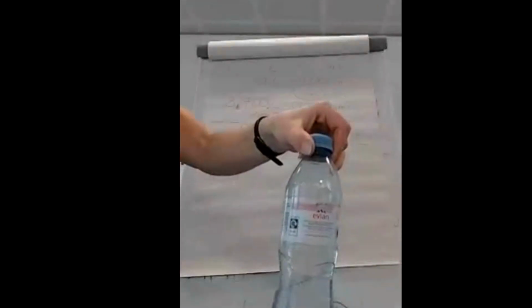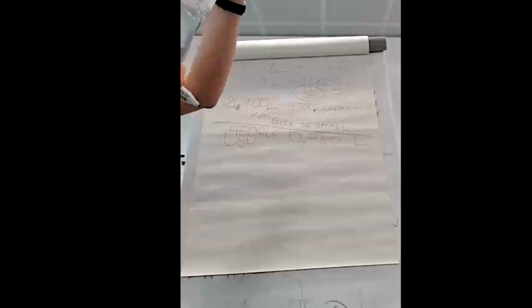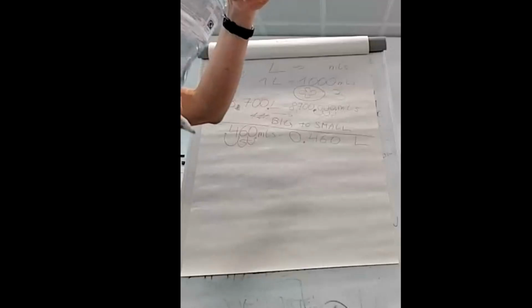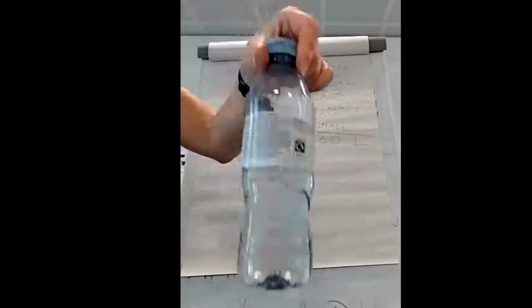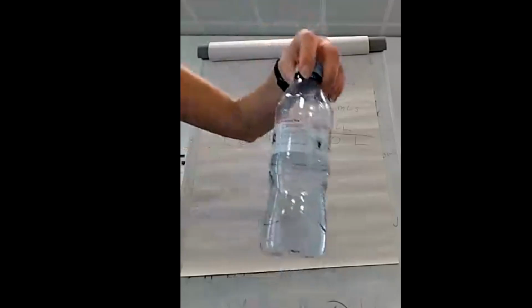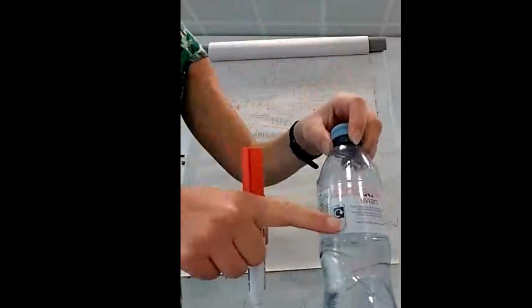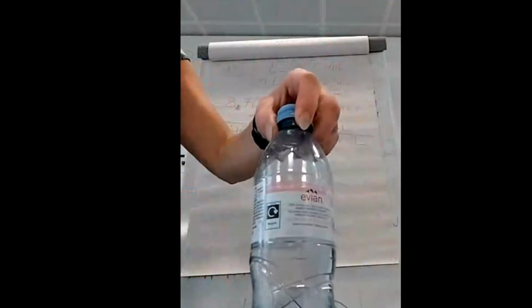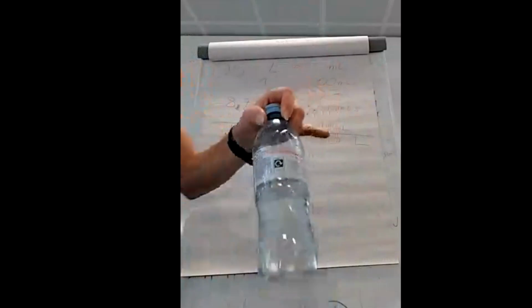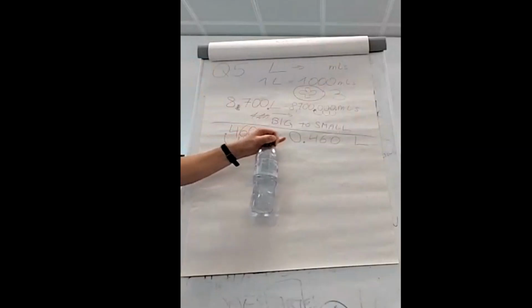Can I show your bottle? Oh, it says 50 centiliters. That is okay, but this would be 500 milliliters. It's a different measurement. But it would be nearly 500 milliliters, which is half a liter, right? It doesn't look like a very big bottle.